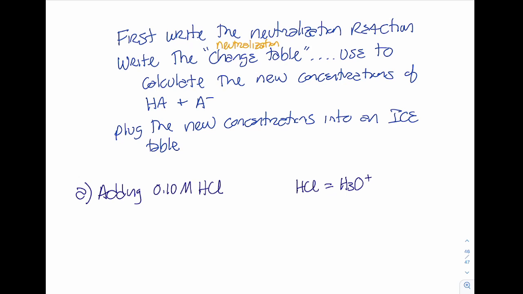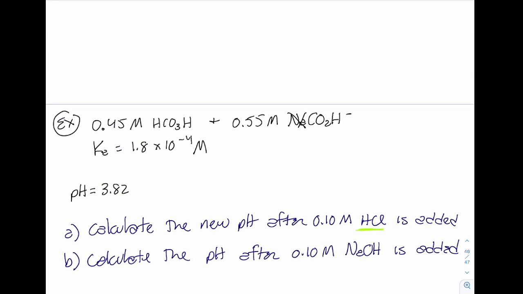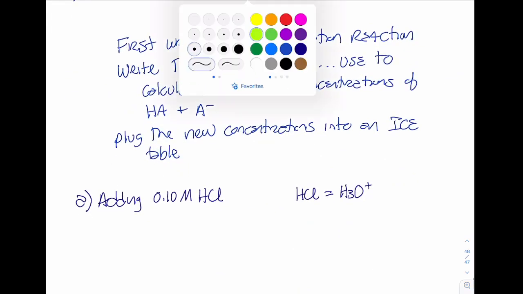That's going to react with the base component of my buffer. So if we go back up to our original buffer solution, I have formic acid, and then I have 0.55 molar formate. That's my base component. So that's the one I'm going to use for my neutralization table.